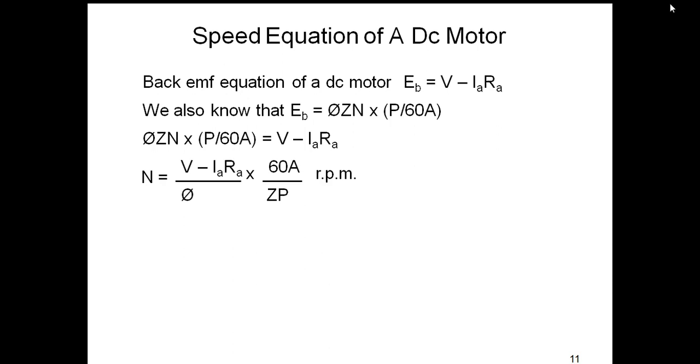From this, the equation for speed of a DC motor can be written as N is equal to V minus IA RA by phi into 60A by ZP.